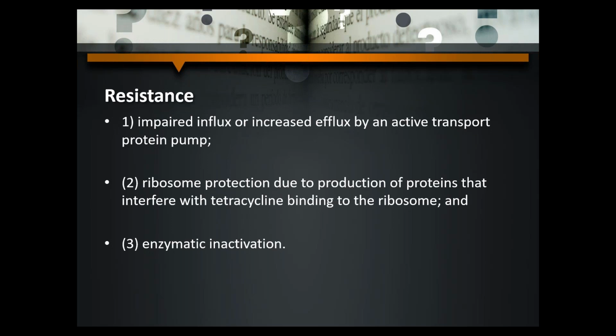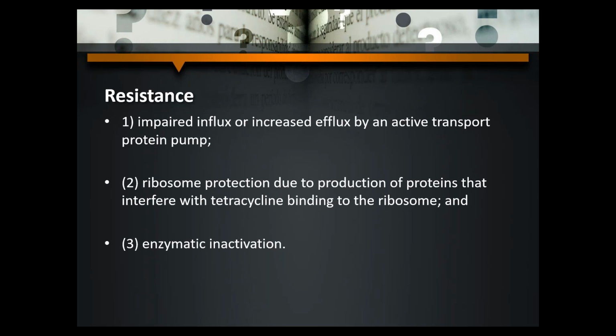Efflux means going outside the bacterial cell, by an active transport protein pump. So that is the first way of resistance: either you stop the porin channel production, or once the antibiotic has gone inside the bacteria, it is pumped out by increased efflux.